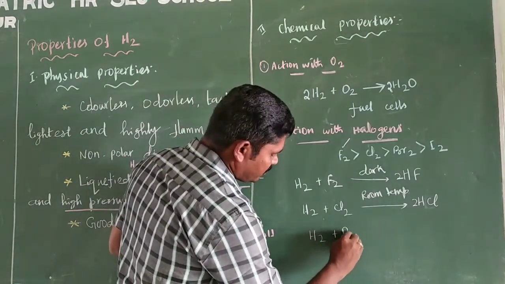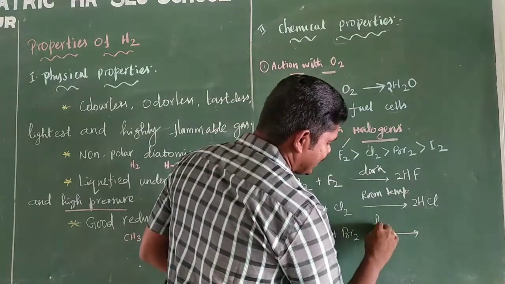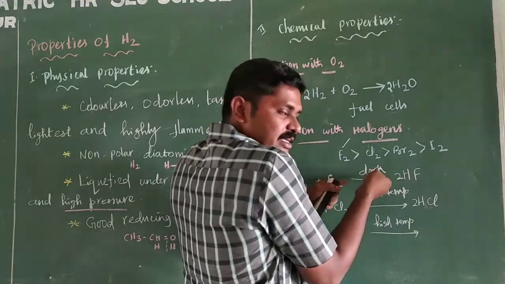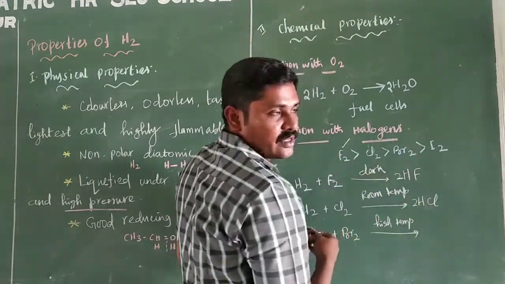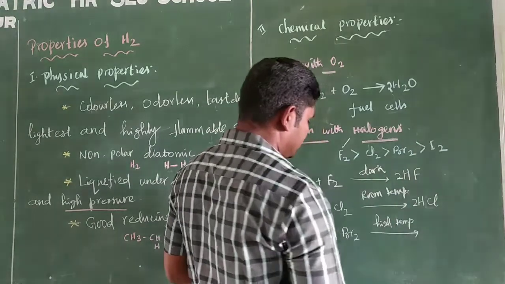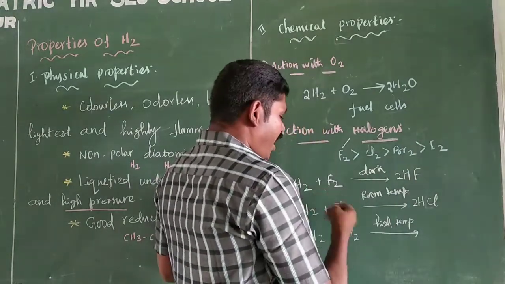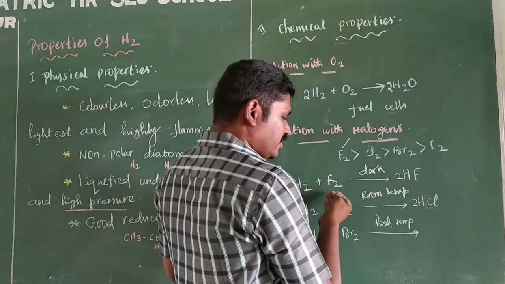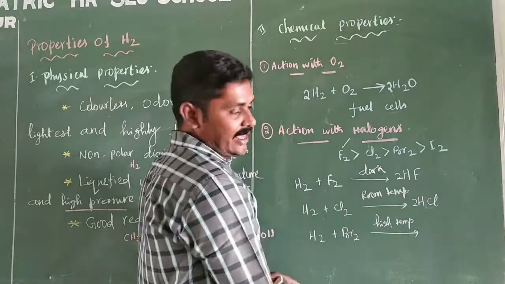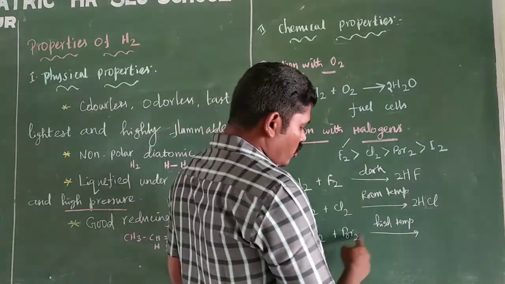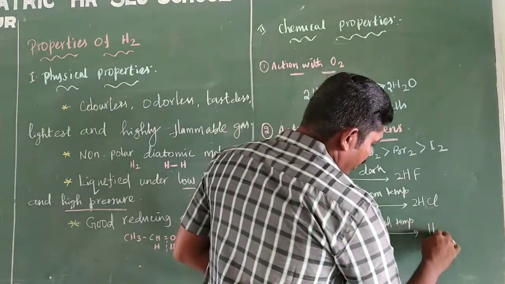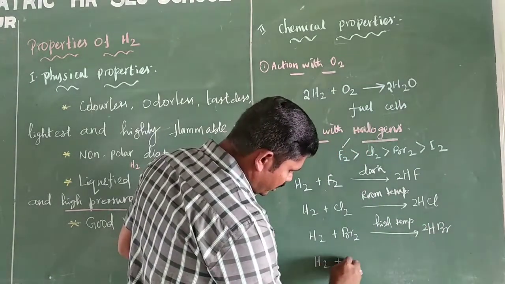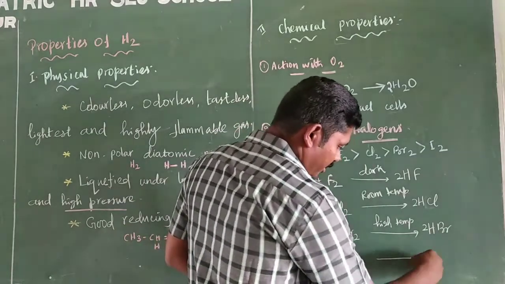Hydrogen reacts with bromine at high temperature, as the reactivity decreases down the group. H2 and Br2 at high temperature give hydrogen bromide. But hydrogen reacts only rarely with iodine.